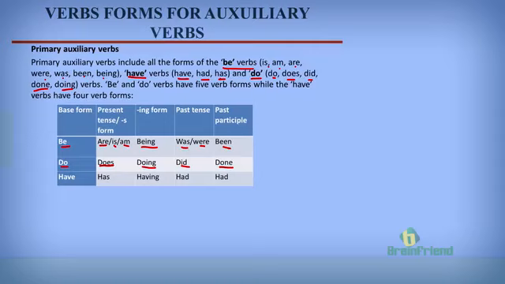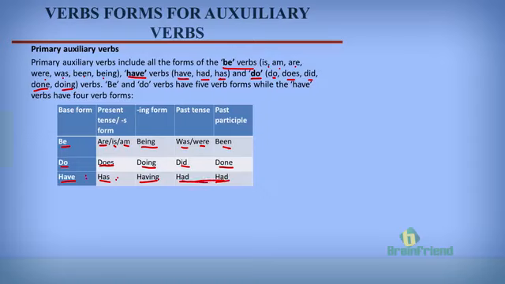And lastly, have is the base form of the have verbs. Present tense form is has, ing form having, past tense form had, and past participle form of the verb have is also had, which makes it 4 verb forms. Have, has, having, and had.